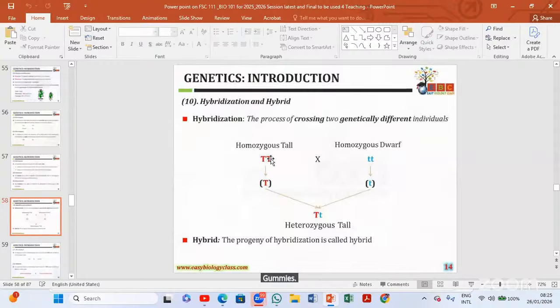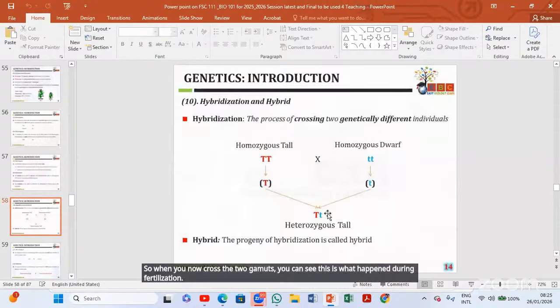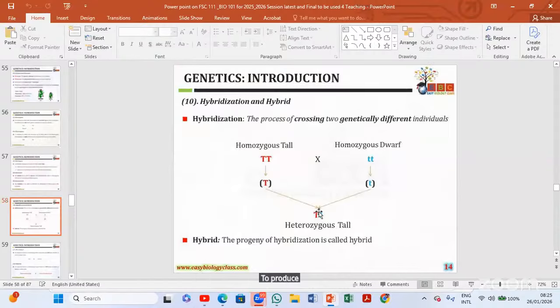So the homozygous tall will only produce gametes that are capital T, and the homozygous dwarf will only produce gametes that are small t. So when you now cross the two gametes, you can see this is what happened during fertilization to produce zygote.